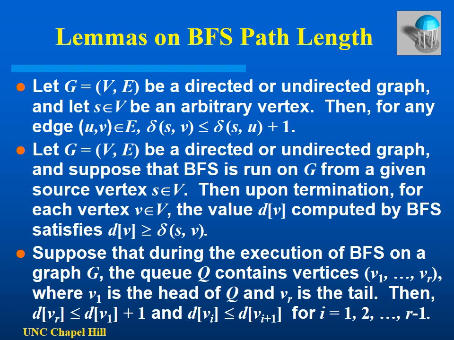The first says that if V is connected to U, that is to say, you have an arc directed or undirected from U to V, then delta of the length to get to V is at most 1 greater than the length to get to U, because it only takes one more step to go from U to V.